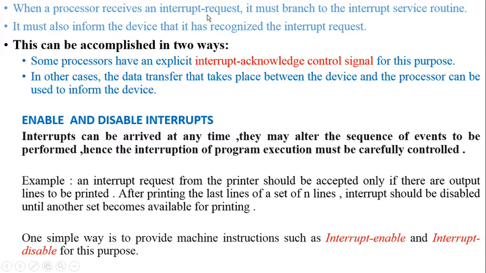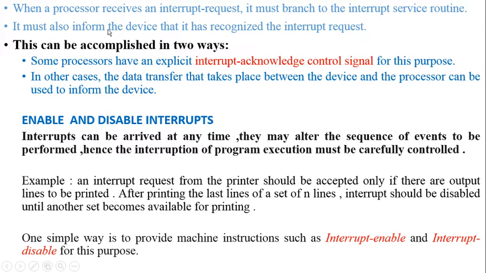When a processor receives an interrupt request, it must branch to the interrupt service routine. It must also inform the device that it has recognized the interrupt. So, whenever a processor receives an interrupt request, if it is ready to accept the request, it starts the execution of the interrupt service routine.